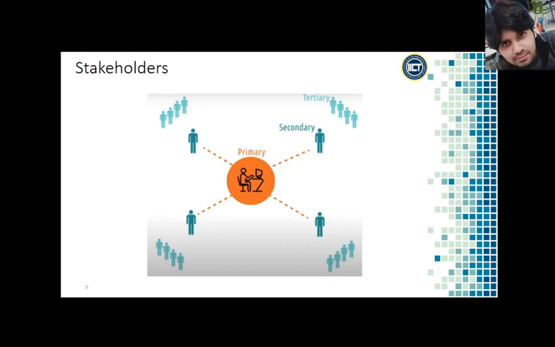They interact with the output of the system, but not with the system itself. The students don't use the system at all, and maybe they don't even see the progress reports unless parents decide to share them. But they are nonetheless affected by the existence of this system. So they are tertiary stakeholders.